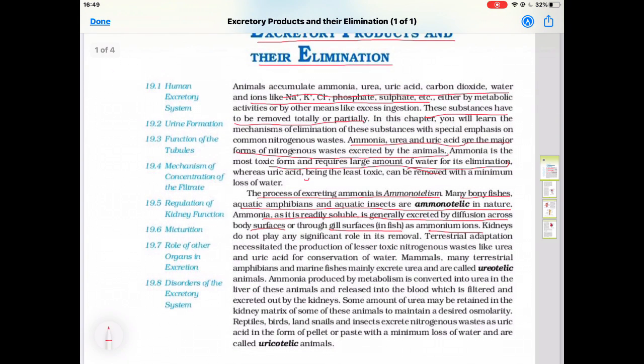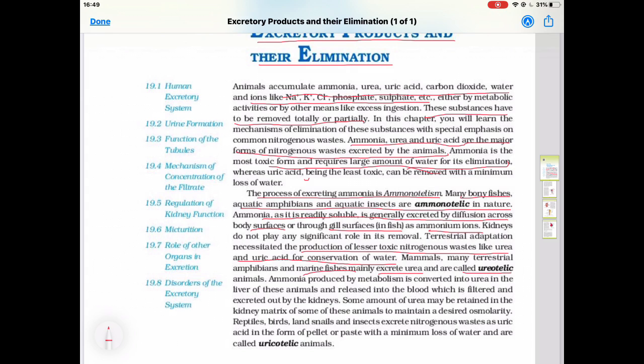Terrestrial adaptation necessitated the production of less toxic nitrogenous waste like urea and uric acid for conservation of water. Mammals, many terrestrial amphibians, and marine fishes mainly excrete urea and are called ureotelic.